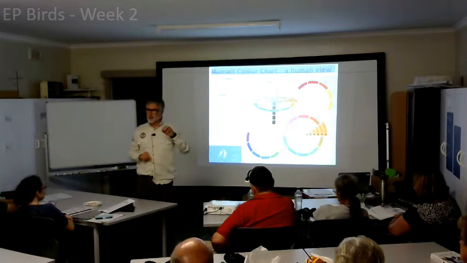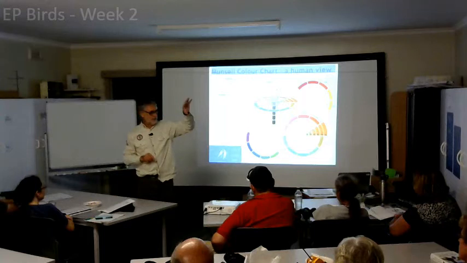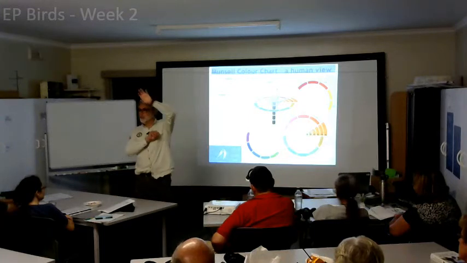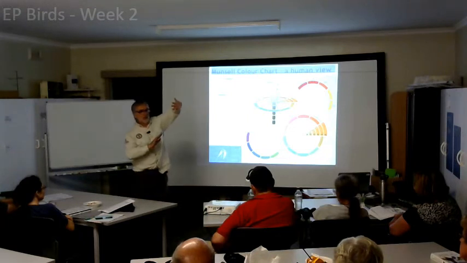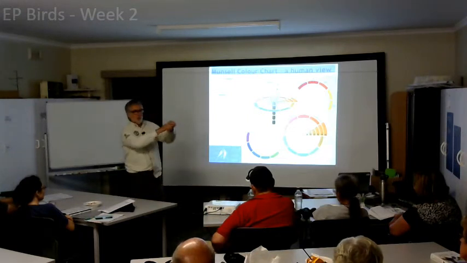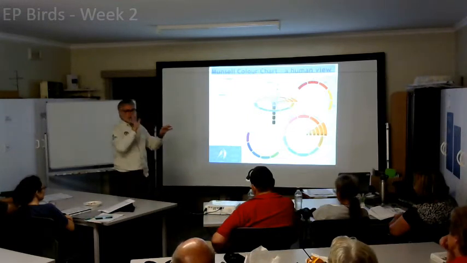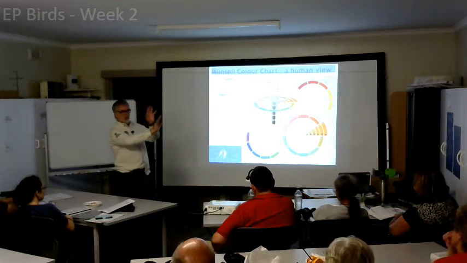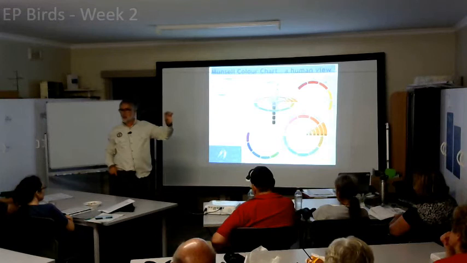White is a combination of the red, the yellow, and the blue. If you take a red light, shine it on the wall, and take a yellow light, shine it on the wall, and take a blue light and shine it on the wall, where they all overlap, you see white.